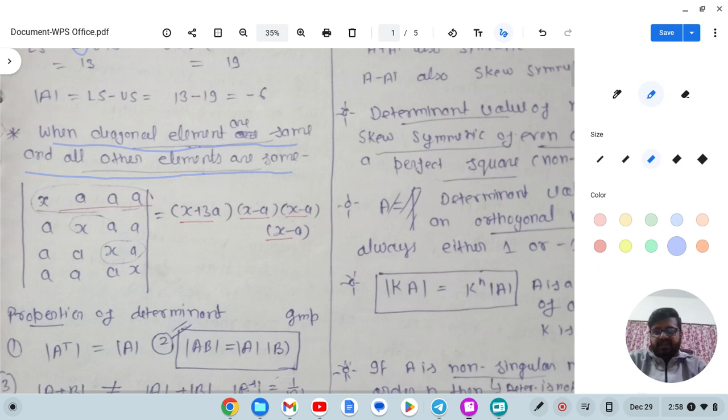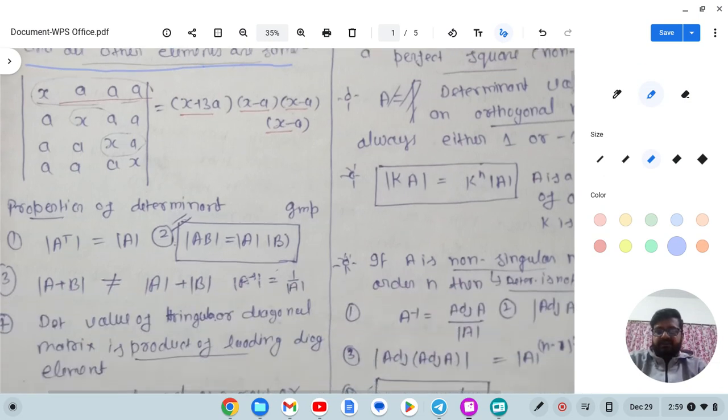Here we can see that diagonal elements are x, and all other elements are a. Then the solution will be (x plus 3a)(x minus a)(x minus a)(x minus a). Its order is 4, so there are 4 terms in brackets: 1, 2, 3 and 4.